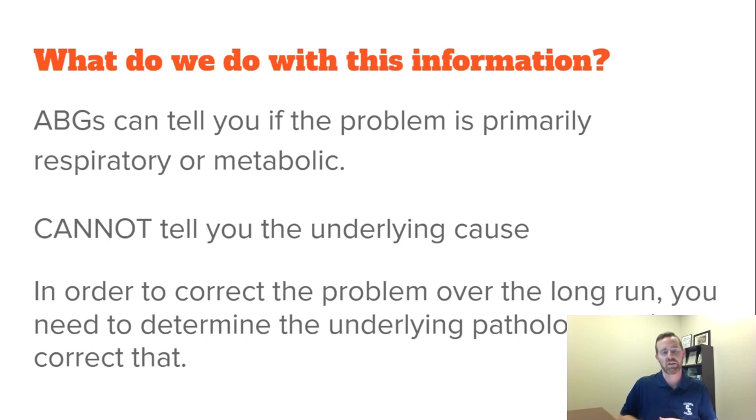All that can be helpful information. But just knowing that you have a respiratory acidosis is not going to tell you exactly what you should do unless you have a good look at your patient and understand the underlying pathology. Then you can make some adjustments in their treatment.